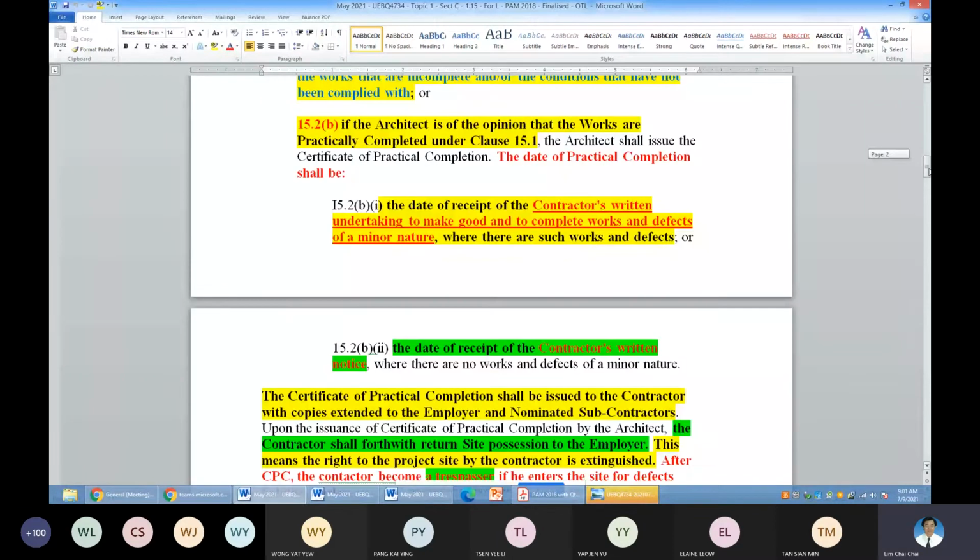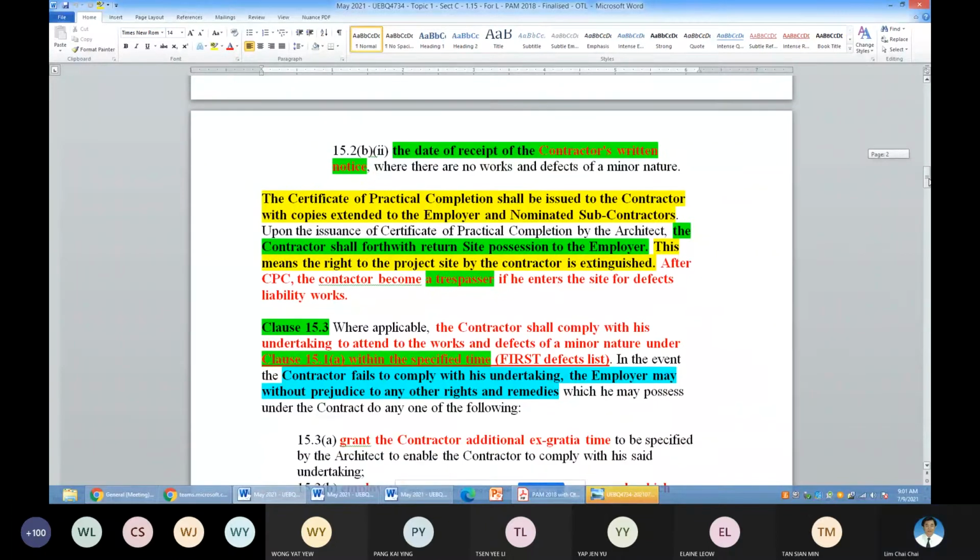Next we have 15.3. 15.3 is related to the certificate of completion where there is a list of defects attached to the CPC.